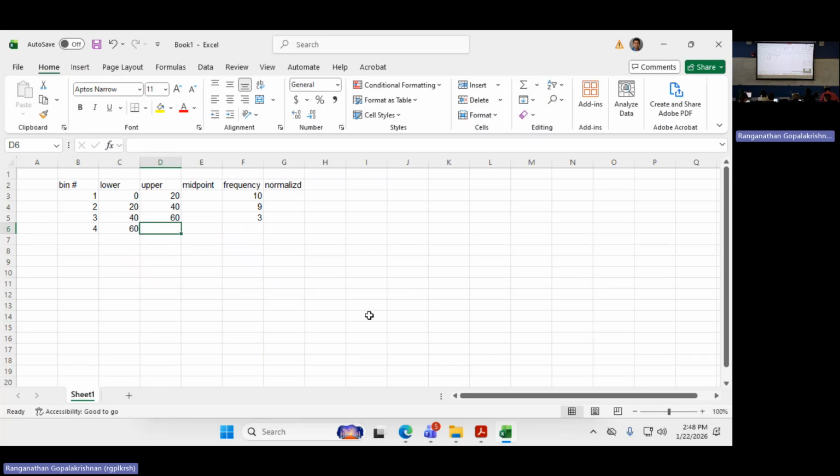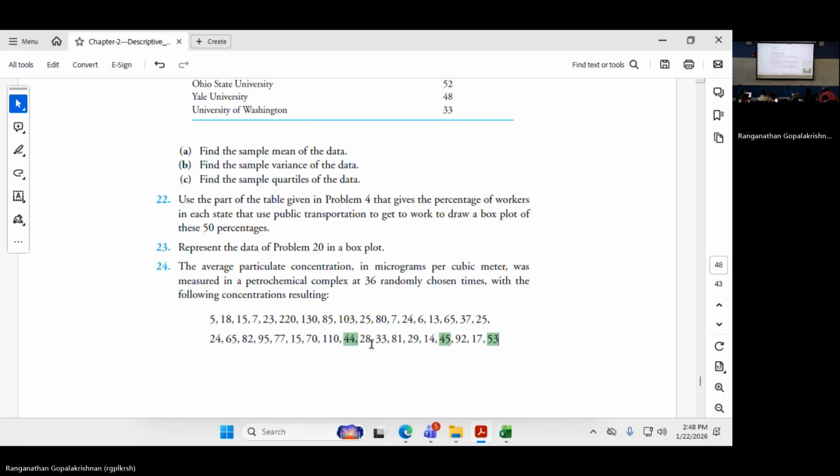And then the next bin, 60 to 80. We'll include 80.